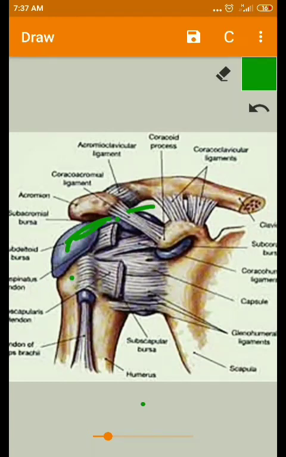Any interruption or failure of this gliding mechanism is a common cause of pain and decreased glenohumeral motion. So it occurs as the primary complaint for any shoulder.